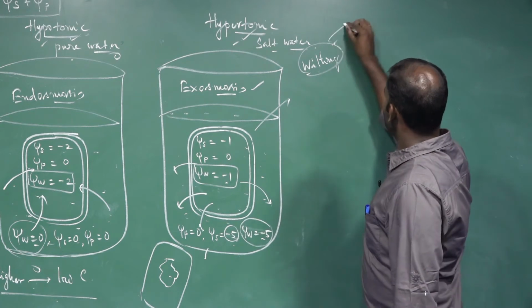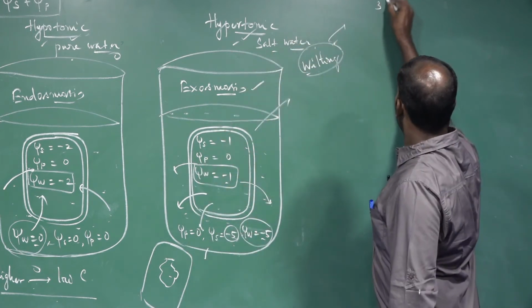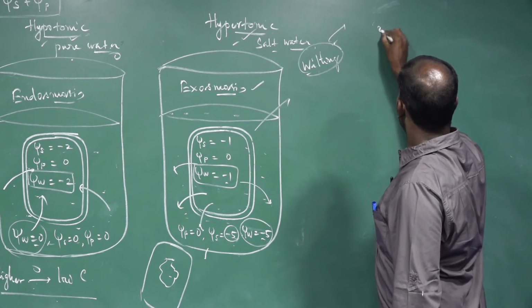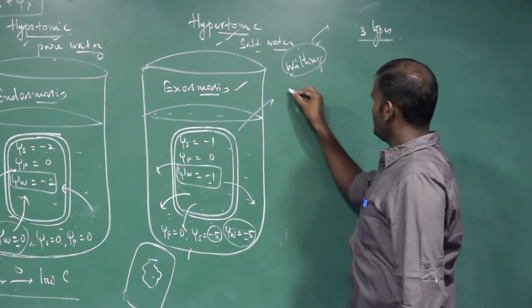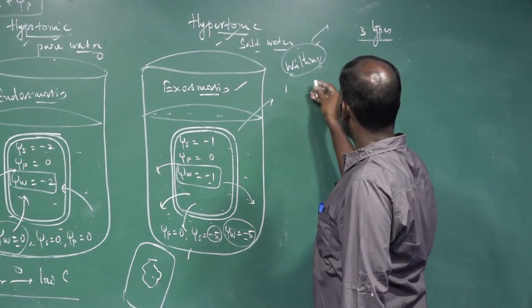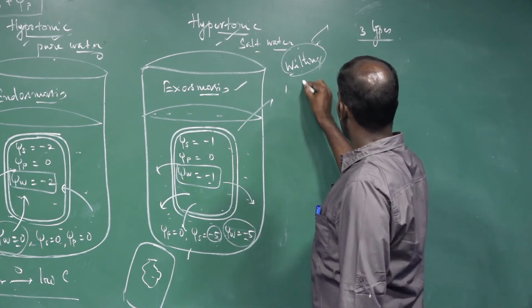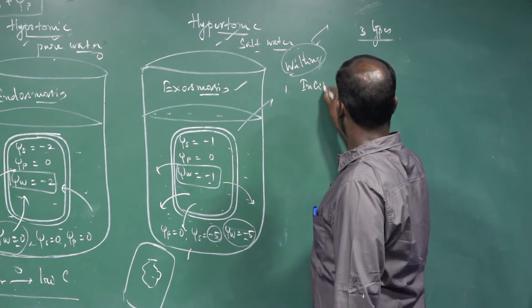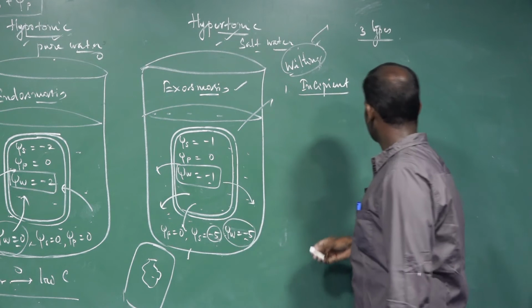So, based on this, there are three types of plasmolysis. One is initial, also called incipient plasmolysis.